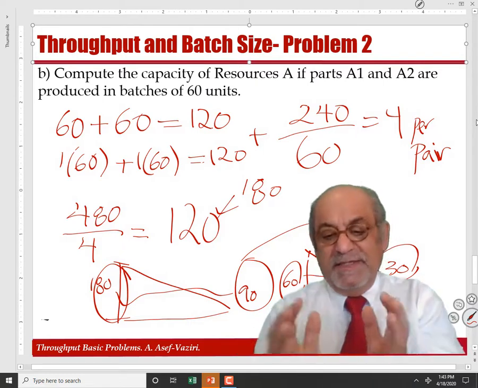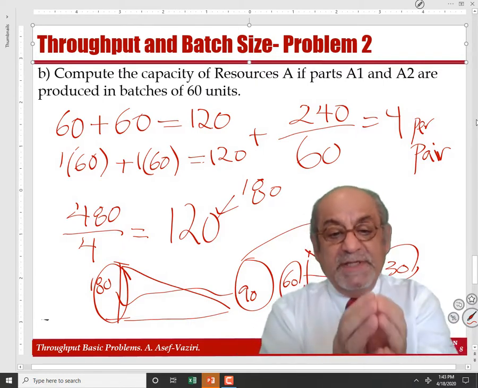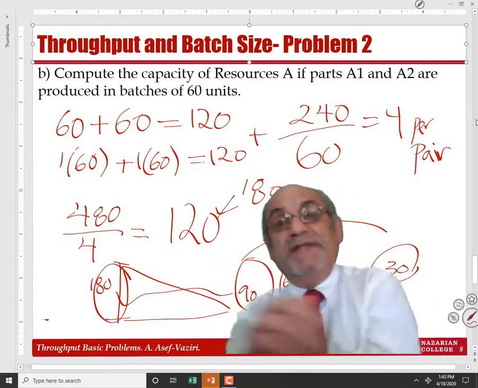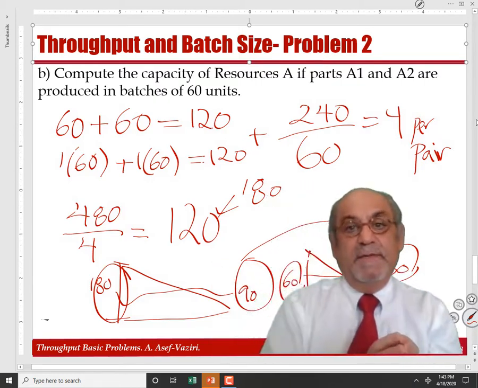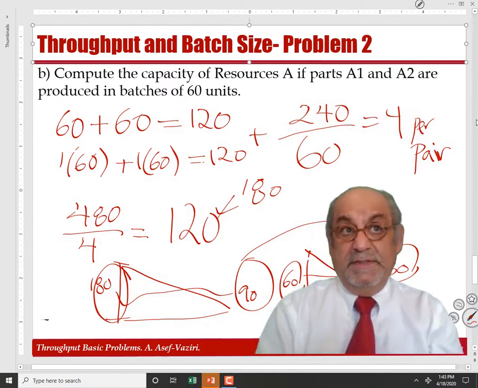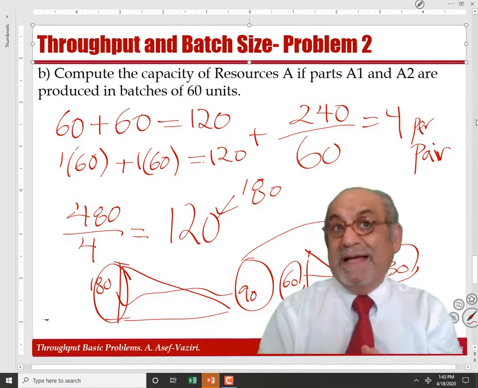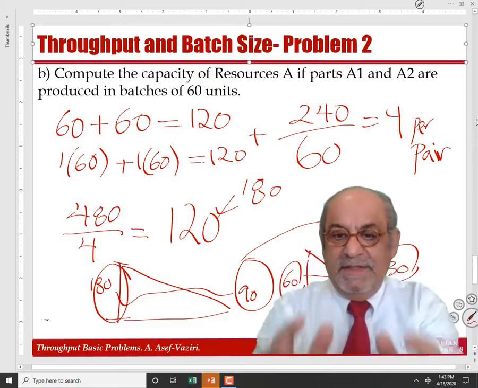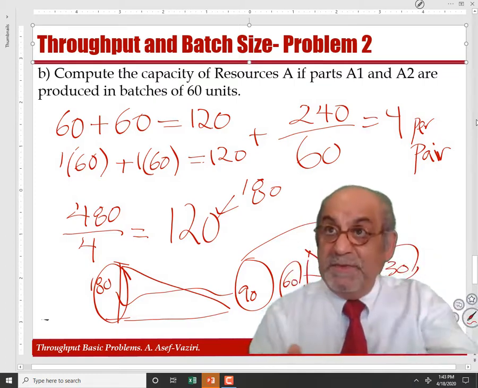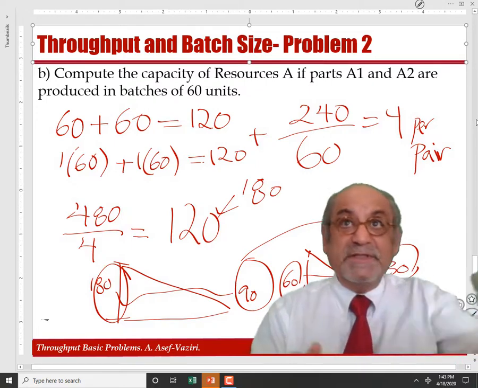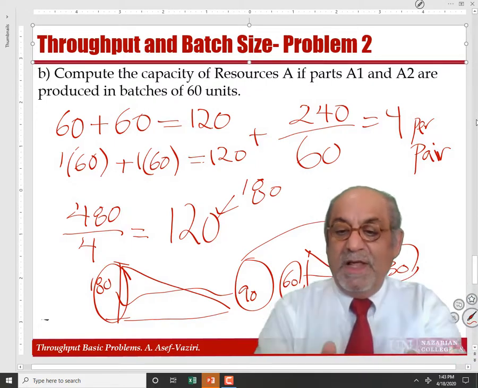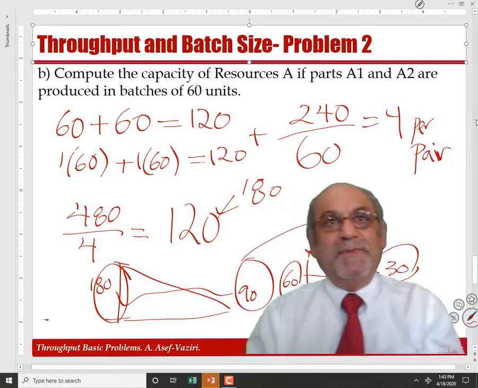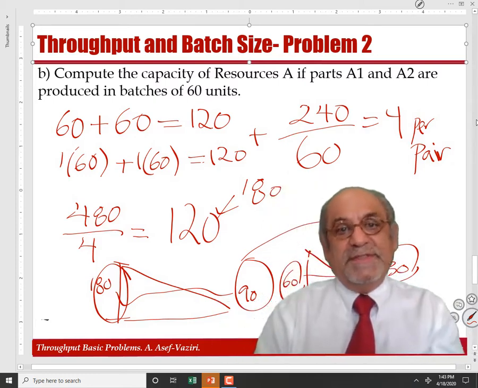Blockage or blocking is when the product is completed in this station, but there is no room in the inventory of the next station to put it over there. Both of these things may have impact on throughput. Starvation, the station is waiting for input from the upstream station. Blockage, the station is blocked because the output cannot be placed in the downstream station.